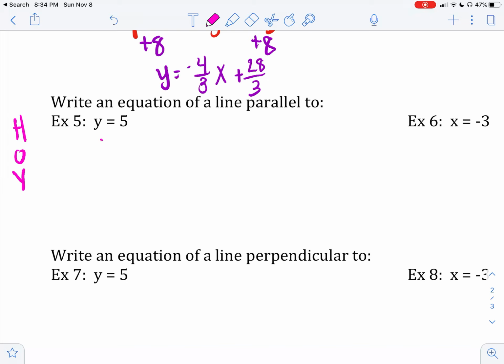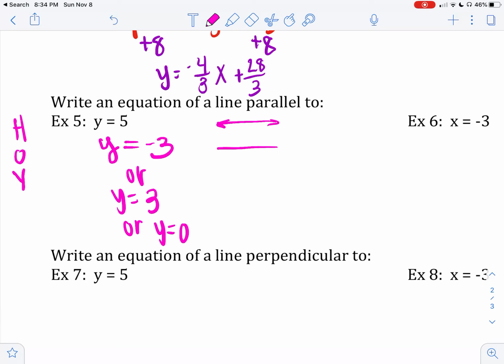So I could write an equation of y = and then any number except 5. You could pick -3, you could pick 3, you could pick 0. You could pick any number other than 5 and it would be correct. You just need another horizontal line and then it will never intersect.